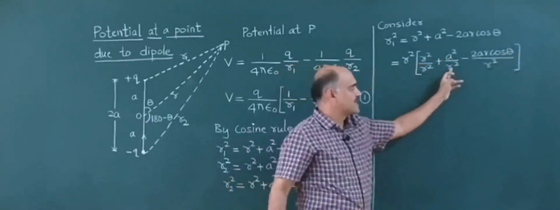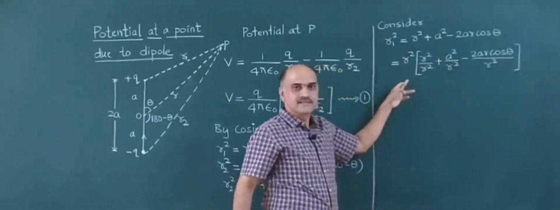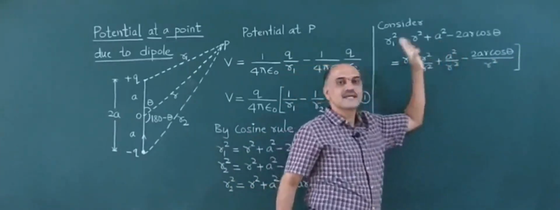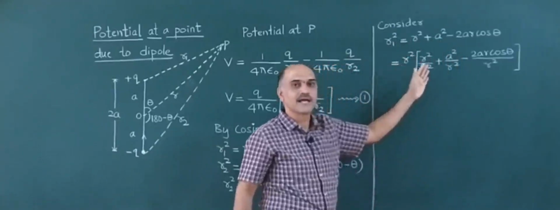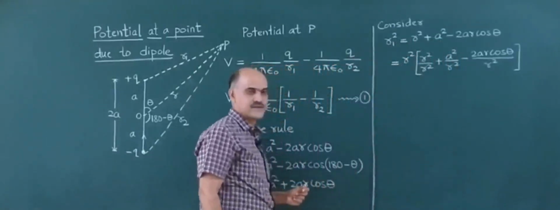If you take R square common from the denominator, this R square gets cancelled and you have the same expression, which means I have only multiplied and divided by R square.